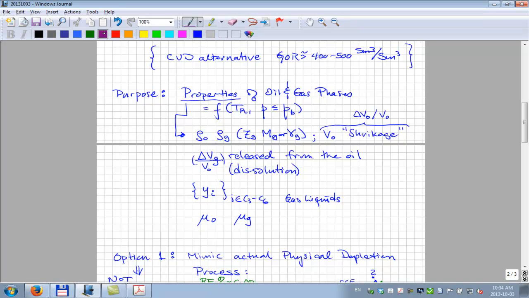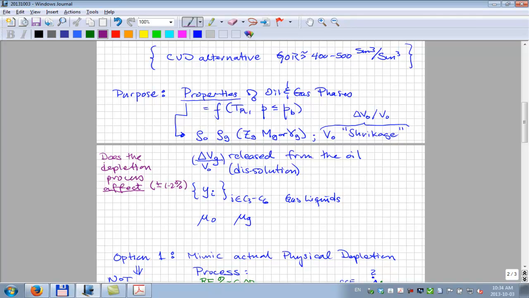So the question we're going to ask is, does the depletion process affect these properties? Effect in what magnitude? A percent or two, plus or minus 1-2%. If it's that accurate, I'm okay with it.